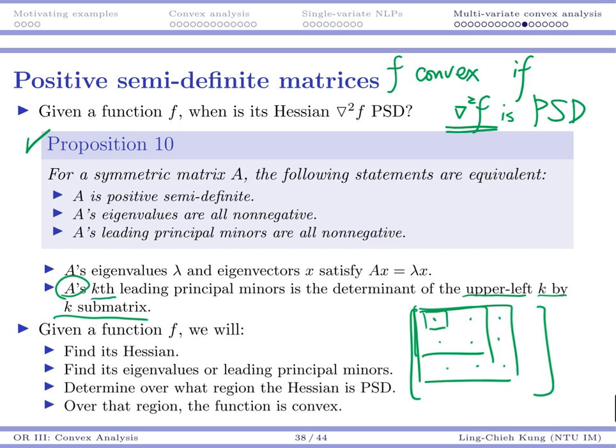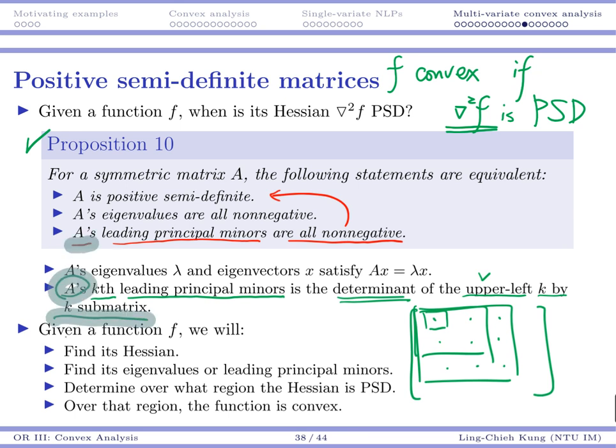The kth leading principal minor would be the determinant of that corresponding submatrix. Okay? So in that case, if A's leading principal minors are all non-negative, you may still say that A would be positive semi-definite.